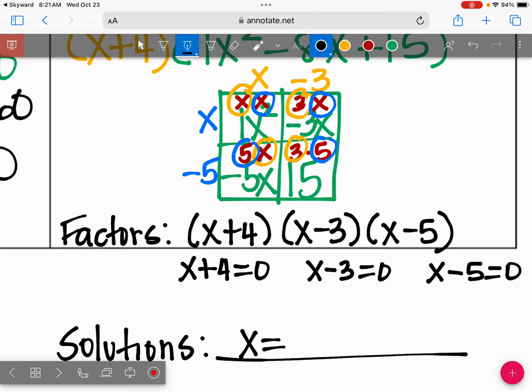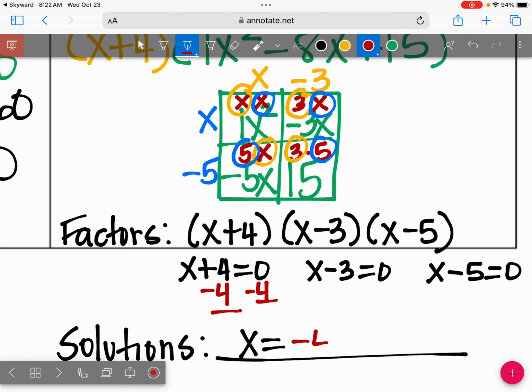go ahead and solve it out. Find your 3 numbers. I'm looking for 3 answers. So for the first one, I'm going to subtract a 4.